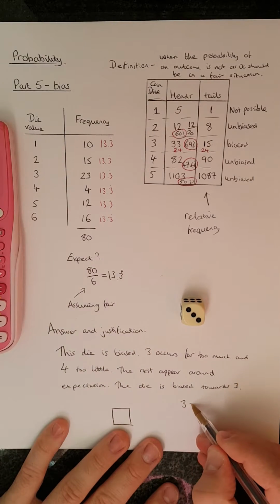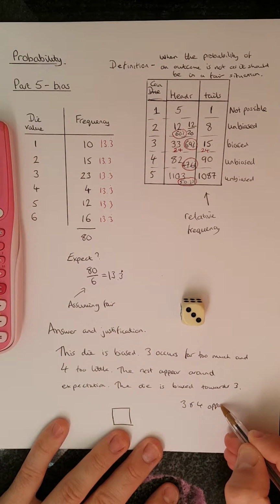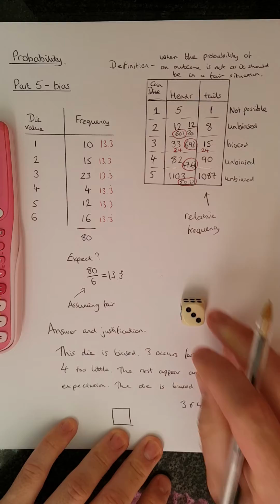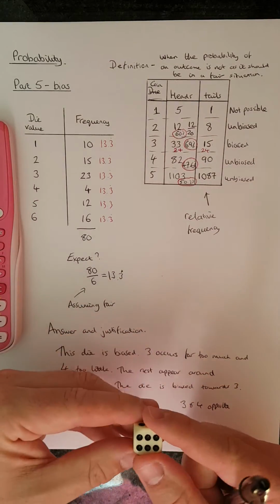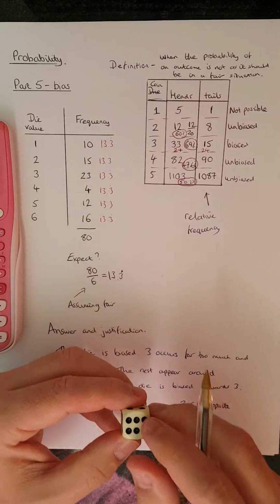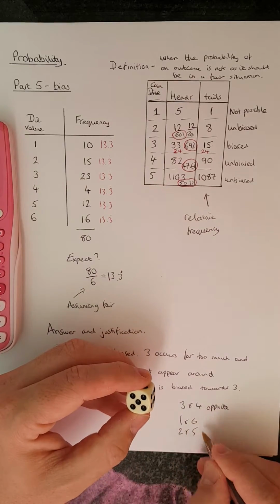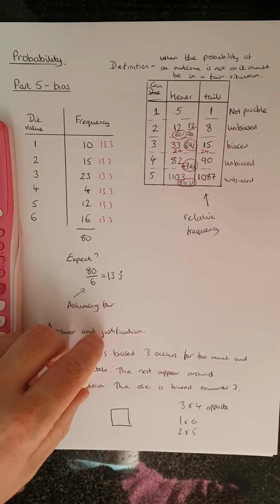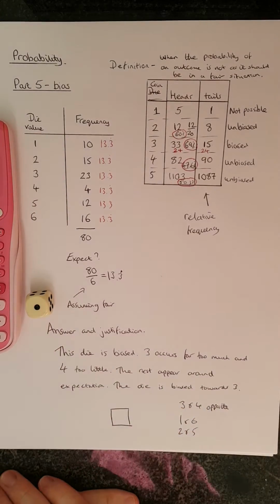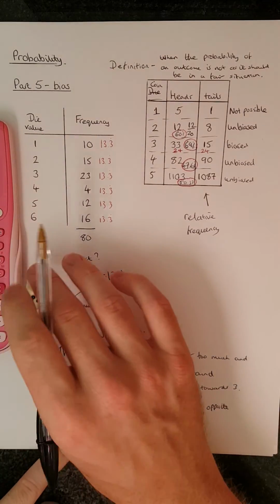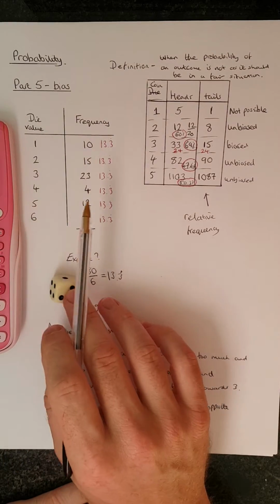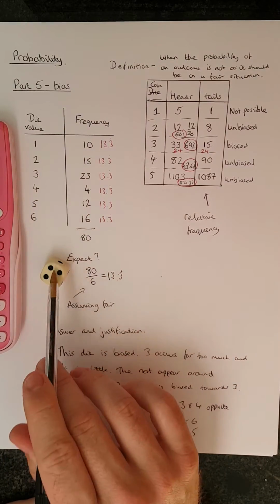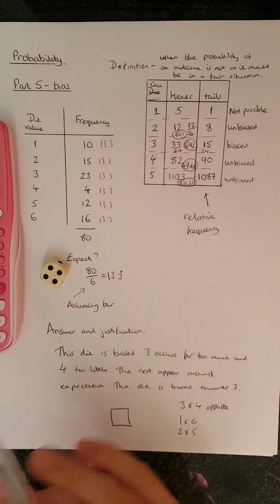So 3 and 4 are opposite. 1 is opposite 6. So 2 and 5 are also opposite. So if I was to try and give a really complicated answer, maybe there's something in this dice that weights towards the 3 side rather than the 4, but it doesn't weight the other pairs.